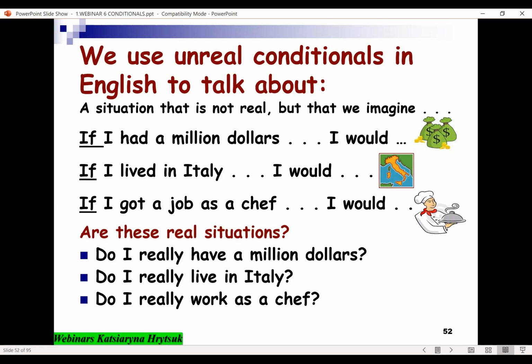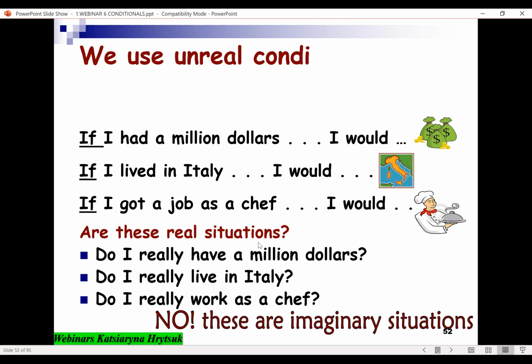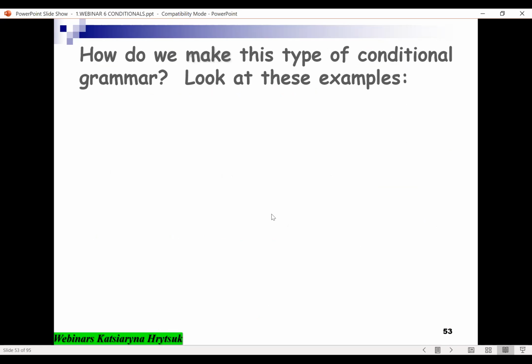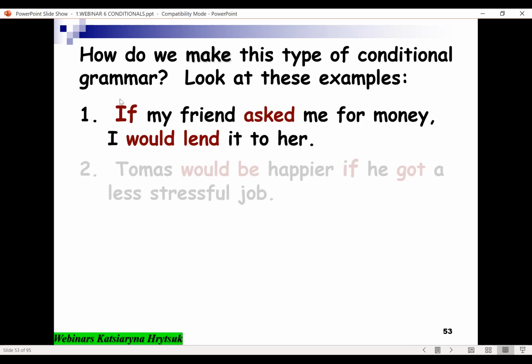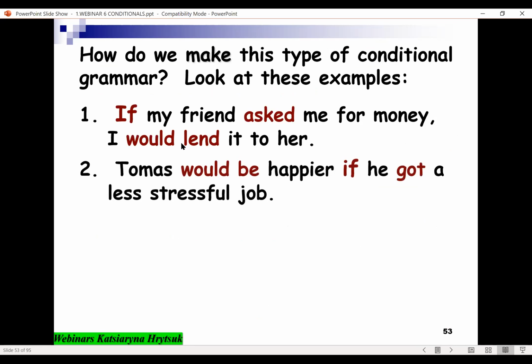Okay. So they are all imaginary. So how do we form it? Again, after if we use past simple. In the main clause, we use would and a verb.